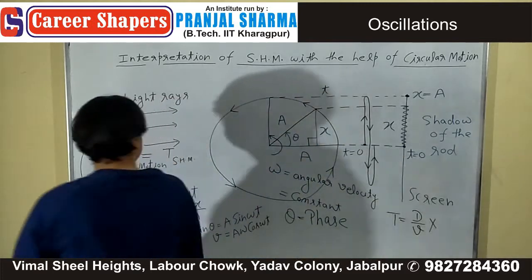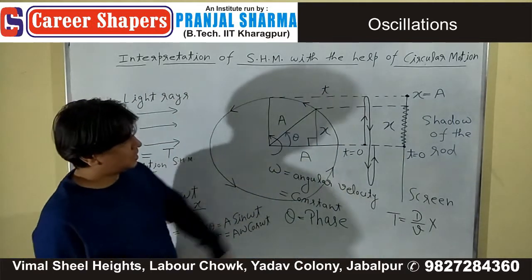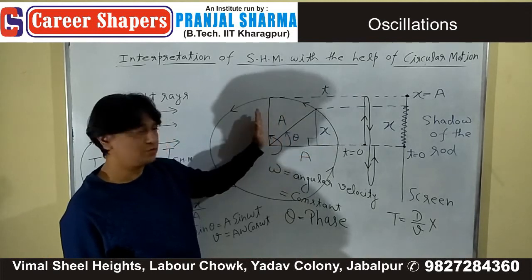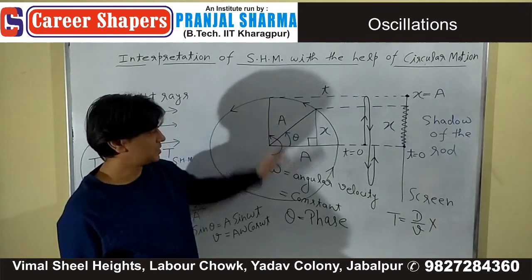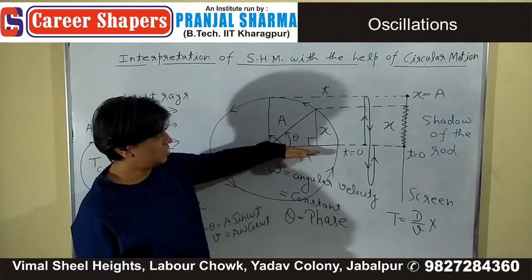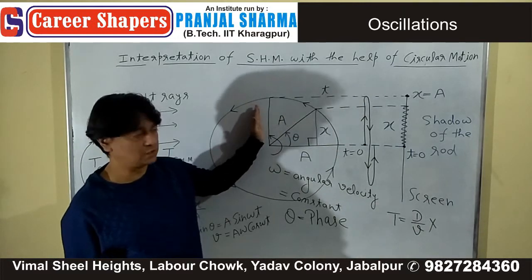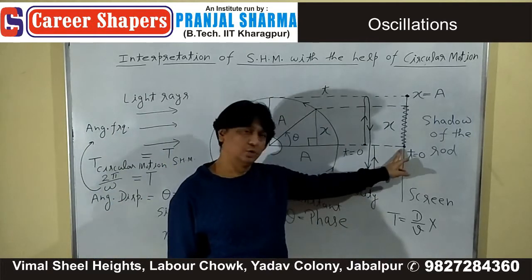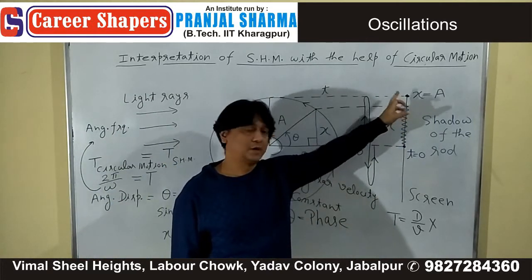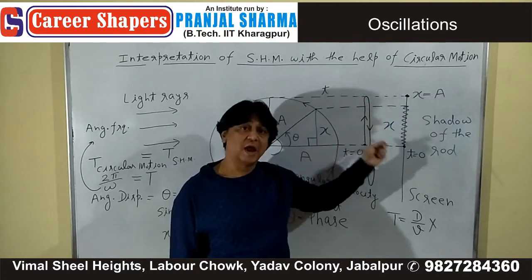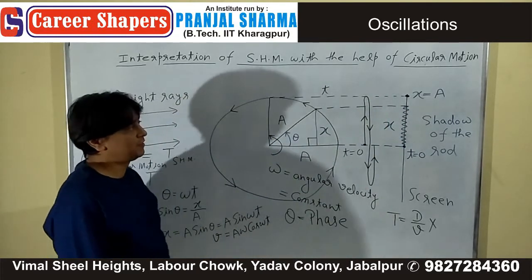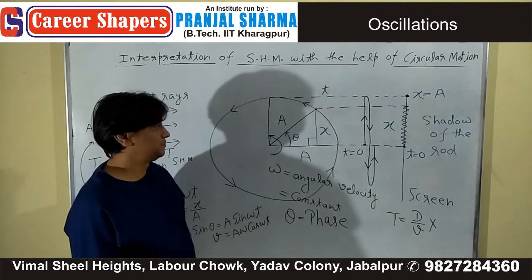When the rod completes 1/4 circle, the tip of the shadow is at the amplitude.